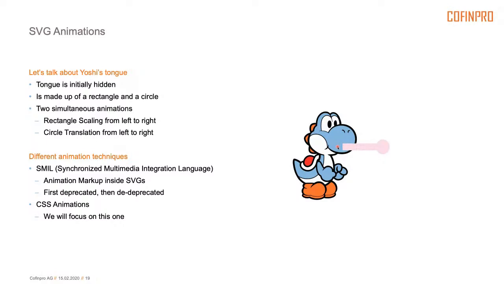So it's not completely certain where this language goes. And actually it was deprecated in favor of CSS animations, because you can also do animations with CSS. And we will focus on this one right now, building our Yoshi button.